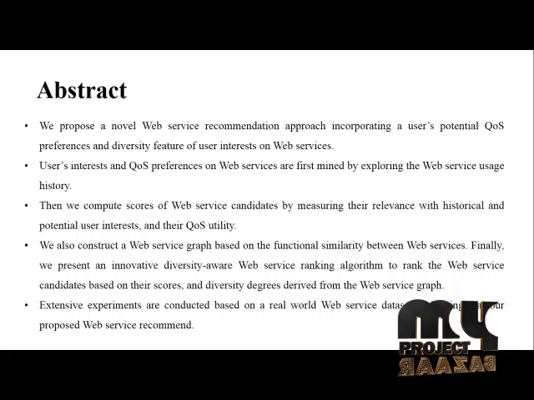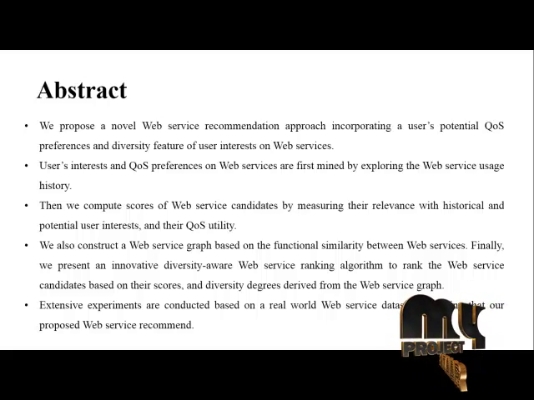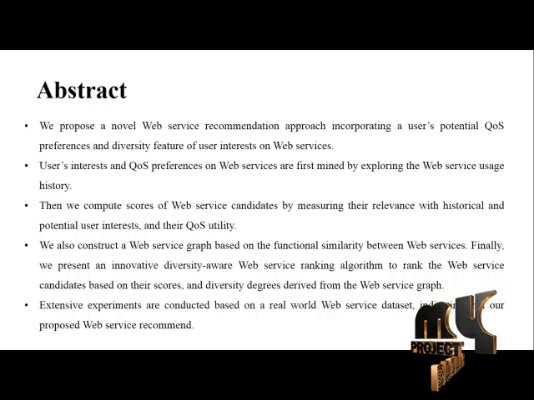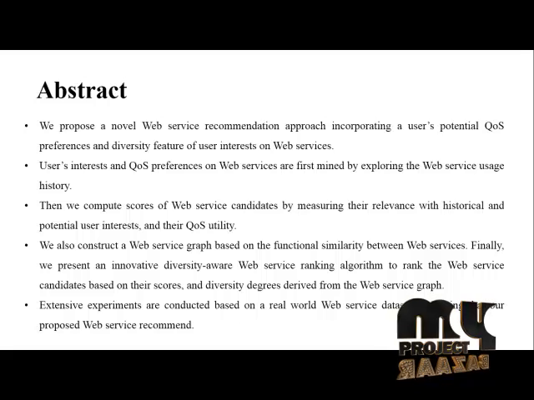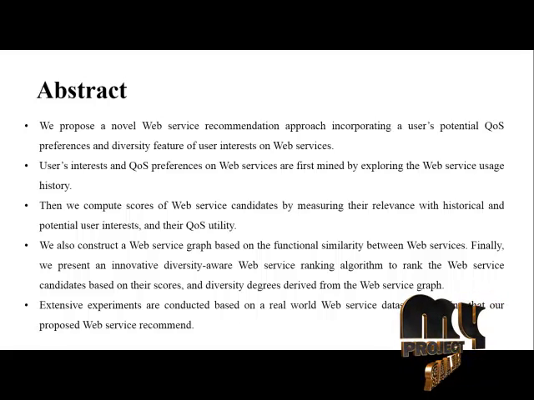Then we compute the score of web service candidates by measuring their relevance with historical and potential user interest and their QoS utility. We also construct a web service graph based on the functional similarity between web services.